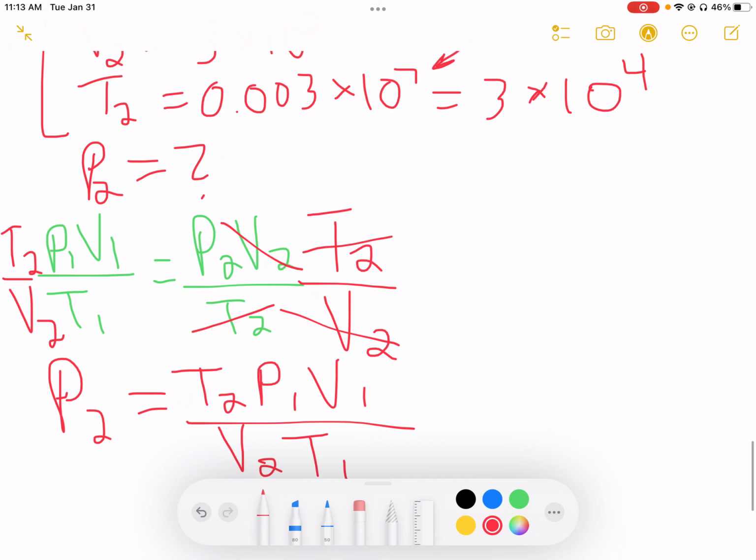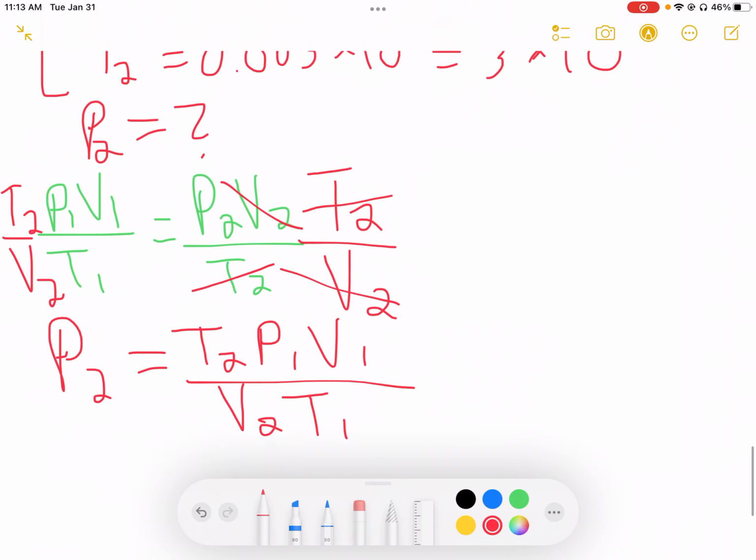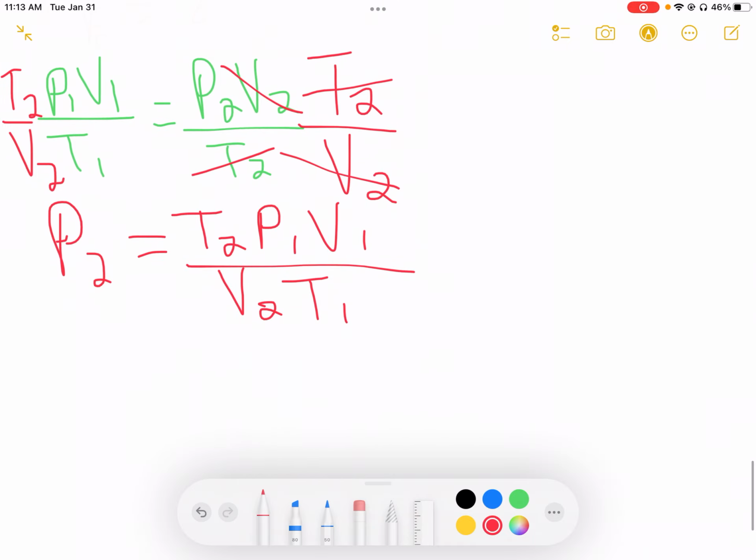There we go. Now that I wrote on my values, they're kind of hiding up there now, but hopefully you guys wrote them down in your notes. You can go ahead and plug those in. They're a little bit easier to plug in now that I wrote them in scientific notation. So then I can say, okay, 3 times 10 to the 11, that was my temperature, and then times 7 times 10 to the minus 3 times 3 times 10 to the 4.